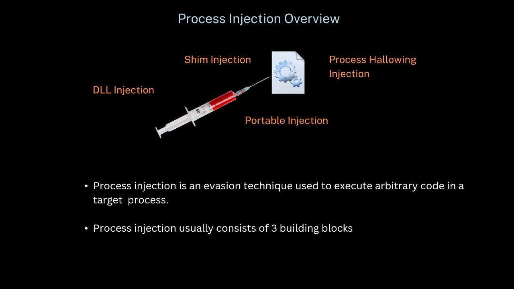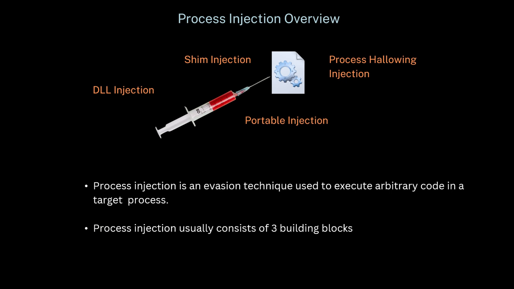But in process injection, the hacker tries to take hold of the virtual address space of another process and dump his code in that, get it executed, and get his work done on behalf of another process, running your own code in the context of another process. So that is what process injection is.